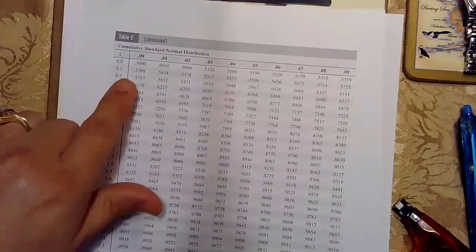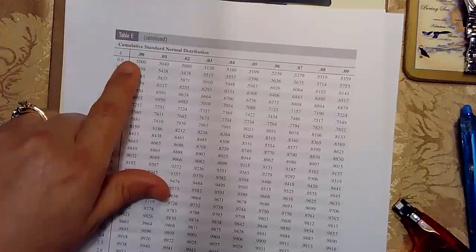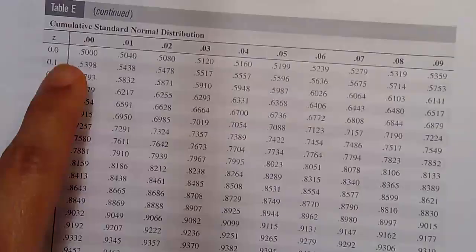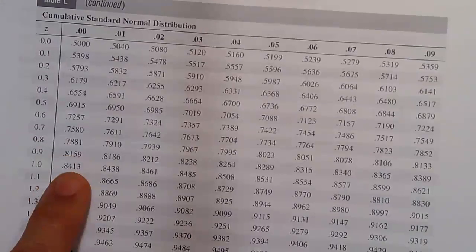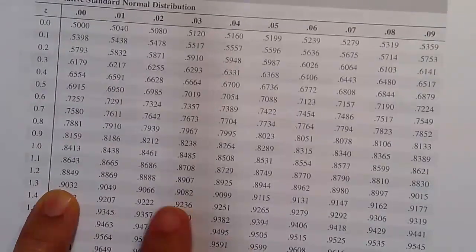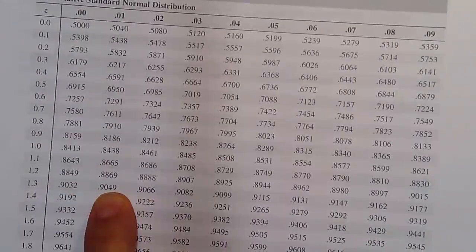Okay, so here's 0.5. 0.8, you're looking for 0.9. Okay, here's some 0.9s. You were looking for 0.9000.